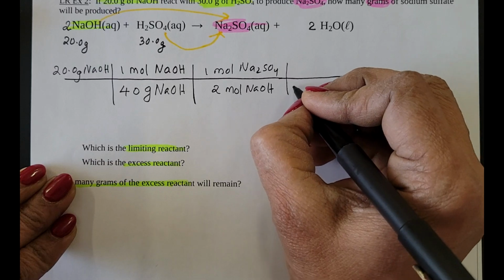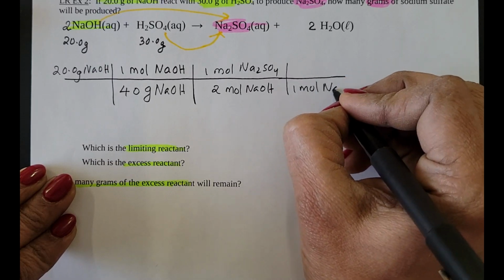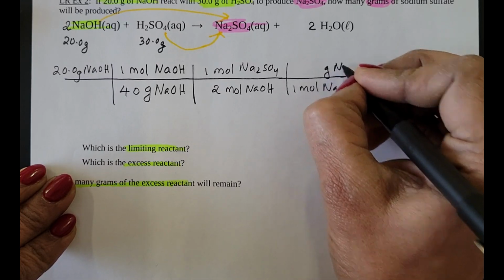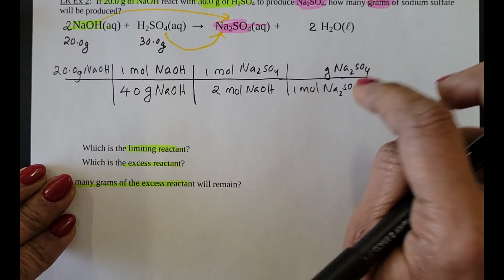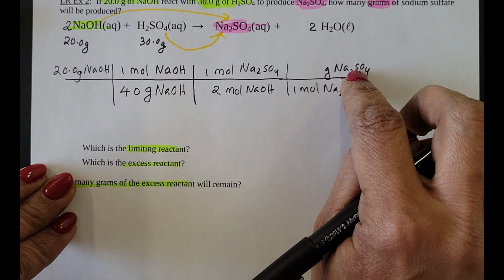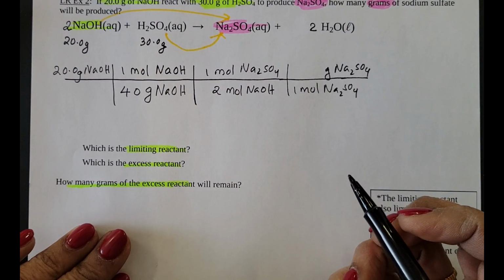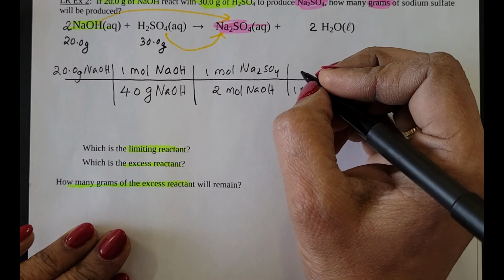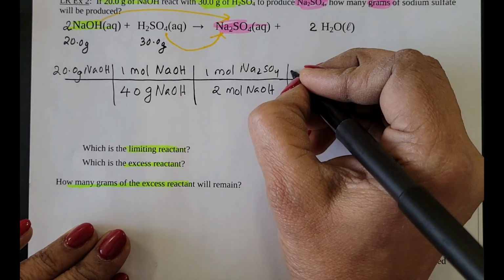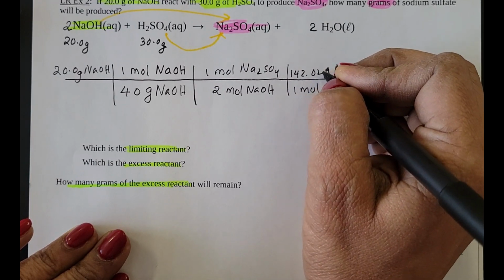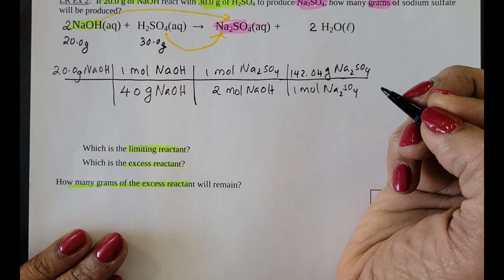So we need to convert the moles of that into grams of sodium sulfate. Same strategy, there are 2 sodium, 1 sulfur, 4 oxygen, multiply and add them together. So when you add, you will get 142.04 gram of sodium sulfate.